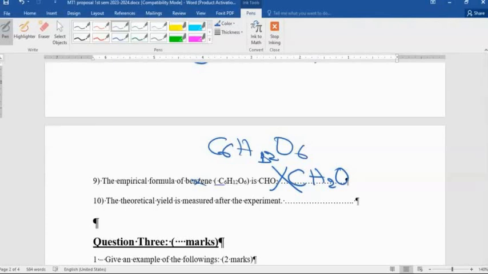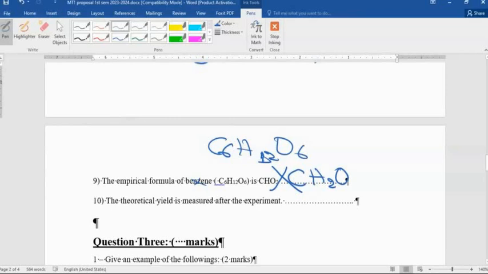The last question: a cup of tea, a homogeneous mixture. The theoretical yield is measured after the experiment. Completely wrong. Why? Because theoretical means what? In theory, after the calculation, after the limiting reactant is consumed.